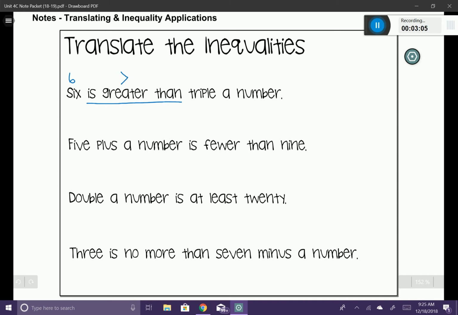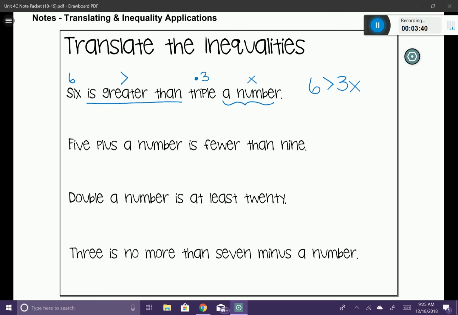If it was just greater than, we would actually be adding and switching our terms around, just like we learned a couple units ago. But this is is greater than, so that represents the greater than symbol. Then we continue and say triple a number. Triple a number is times 3, and a number represents our variable, x. So if we were to translate this, that would be 6 is greater than 3x. And we're done.